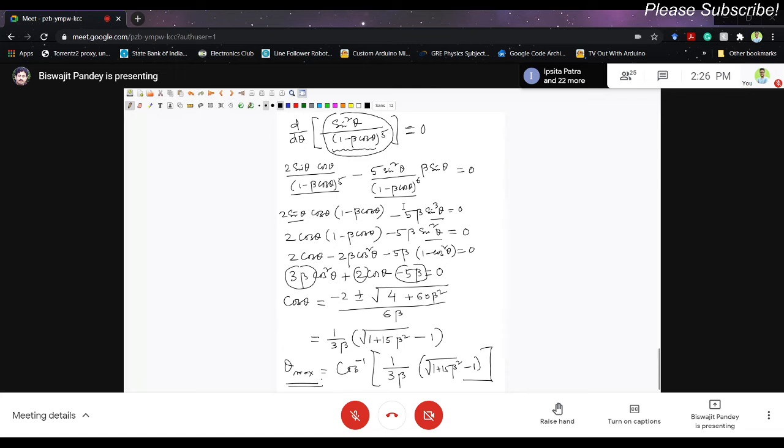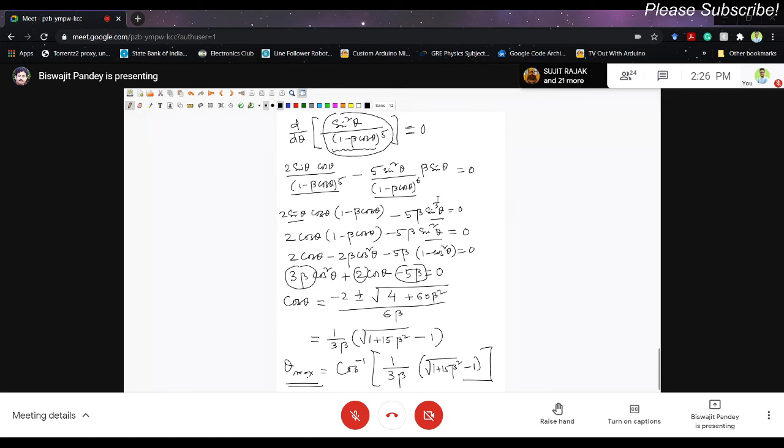So for this extremely relativistic particle, the maximum power will be radiated along the direction making an angle 0 with the velocity and acceleration.